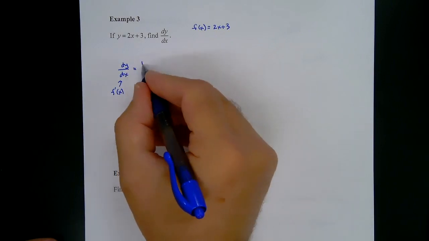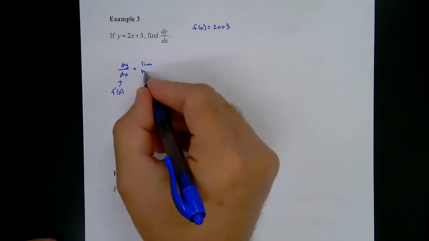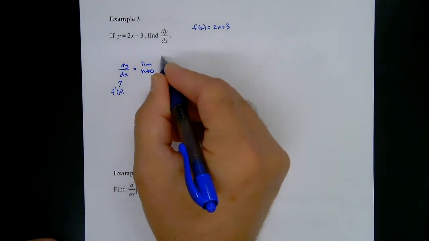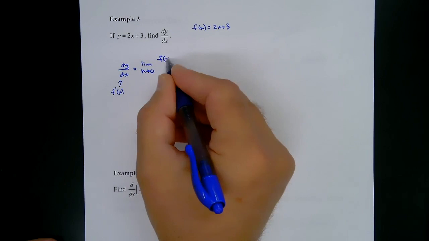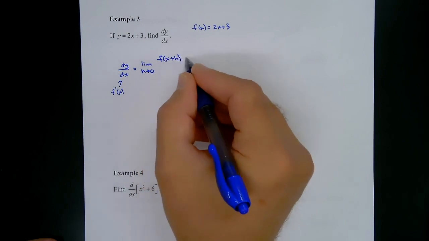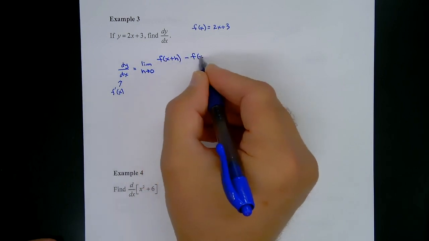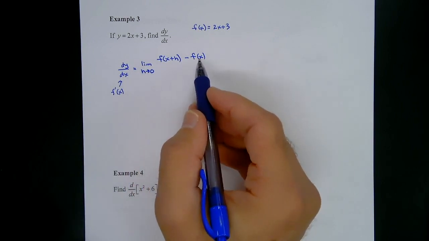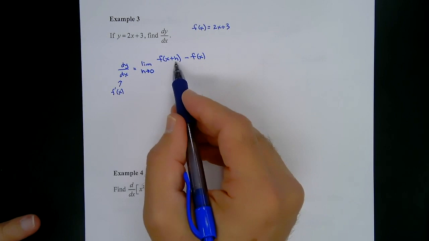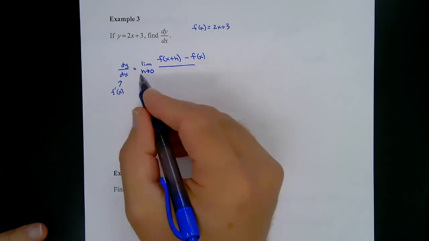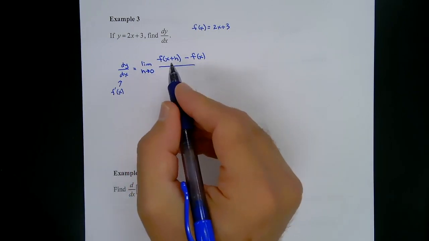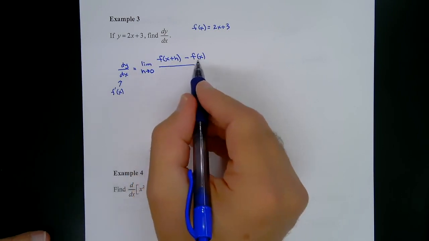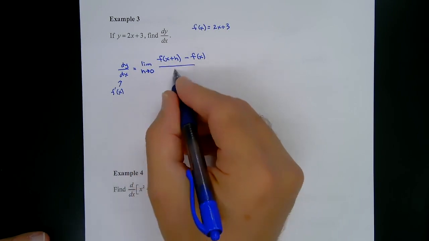Okay, so this is the limit as h approaches 0 of f of x plus h minus f of x. So this x represents all x values on the curve, right? And this one's got a little bit to the right. And then this h approaching 0 is going to make that h distance shrink to 0, which is going to cause this point to move on top of this one, okay, over h.